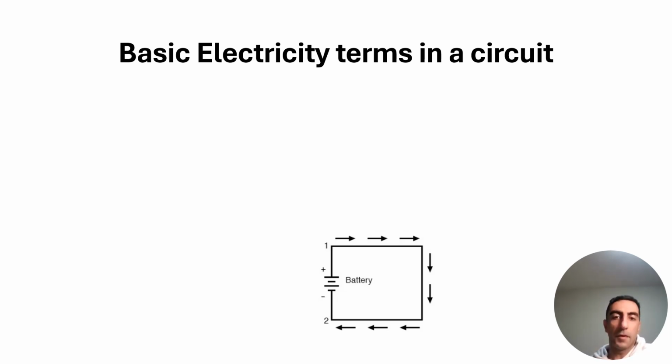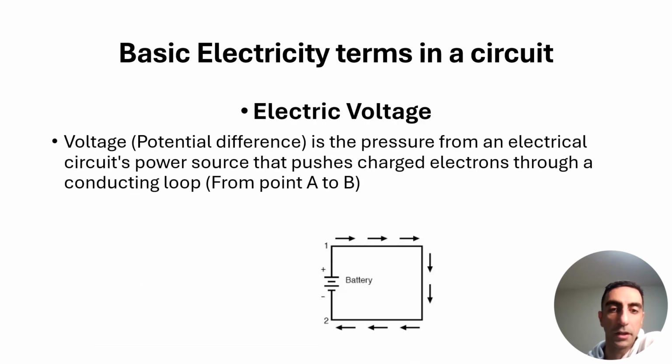There are some other basic electric terms, but I'm just going through the most important ones. The next one is electric voltage. Voltage, which is also known as potential difference, is the pressure from an electrical circuit's power source that pushes charged electrons through a conducting loop. And we both know that a conducting loop is a circuit, right?